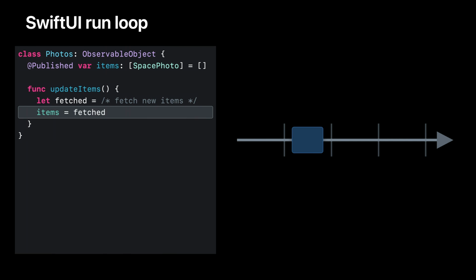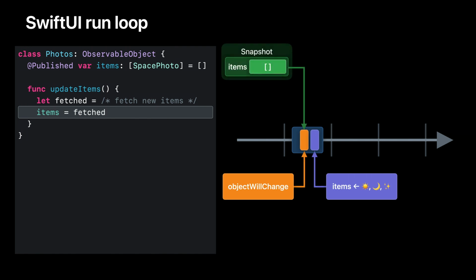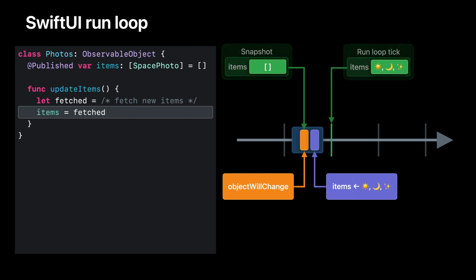Because items is a published property, this assignment triggers an object-will-change event, immediately followed by writing the fetched photos to the storage for items. When SwiftUI sees this object-will-change, it takes a snapshot of my items. On the next tick of the run loop after the snapshot, SwiftUI compares the snapshot to the current value.